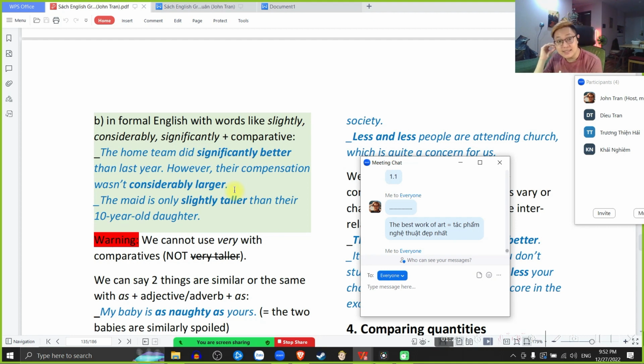No. Slight. Slightly taller. Slightly taller than their 10-year-old daughter. Okay, very good.